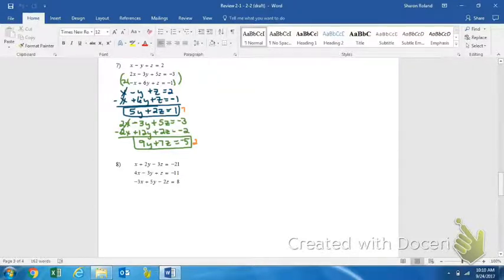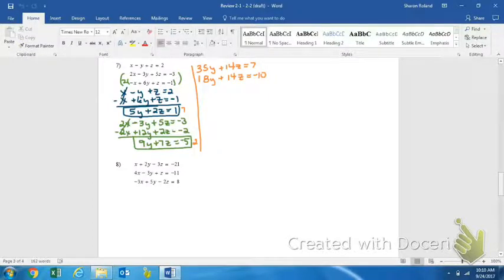So I'm going to come up here, and that's going to be 35y plus 14z equals 7, and it's going to be 18y plus 14z equals negative 10.